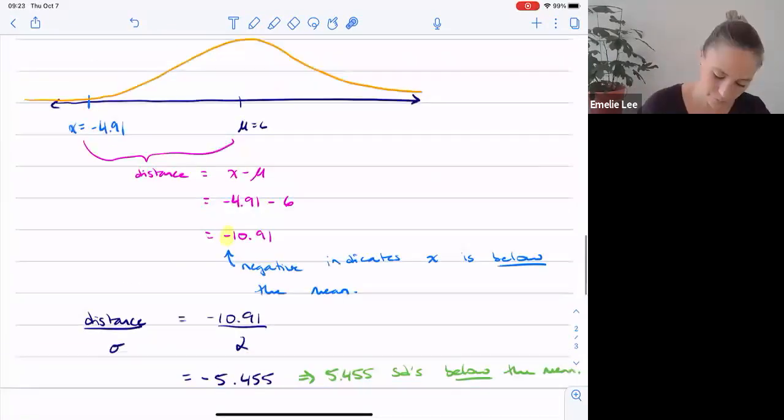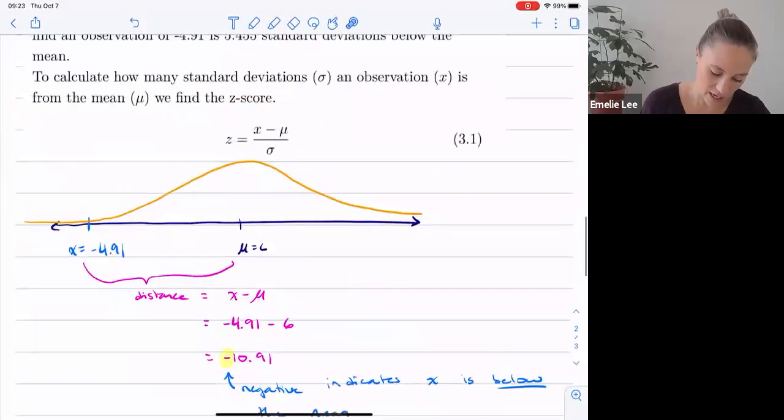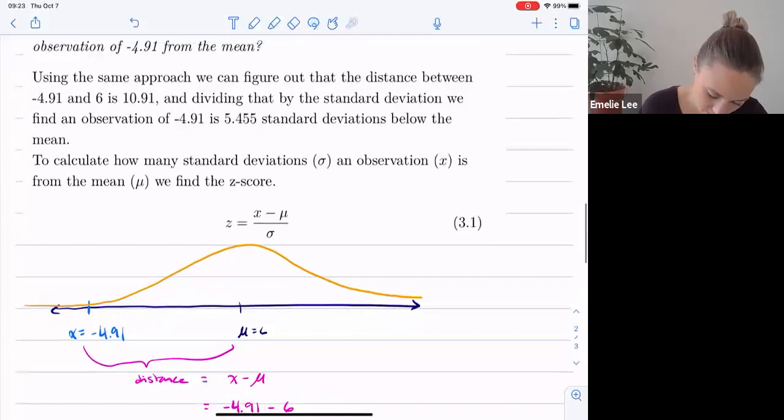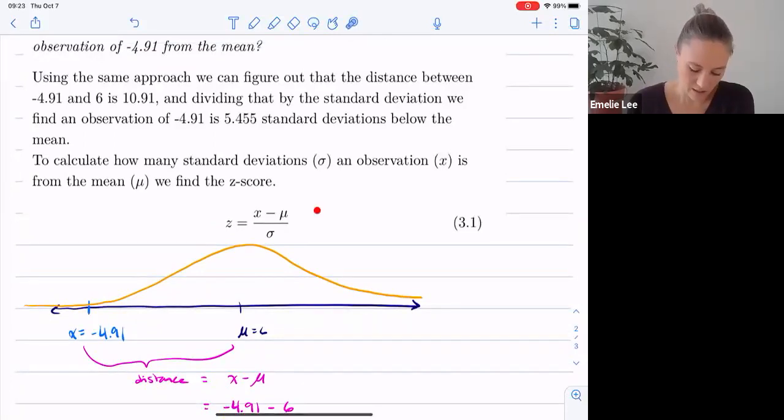And so what can we do? If we're interested in how many standard deviations an observation X is from the mean, we can find what we call the Z-score. So the Z-score tells us how many standard deviations away from the mean an observation X is, okay?